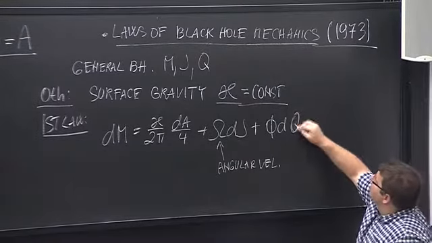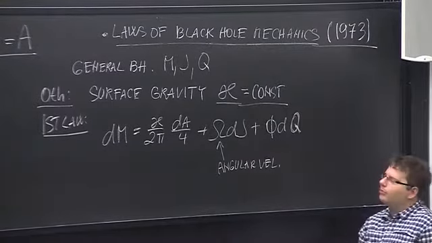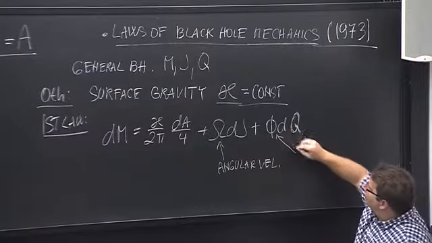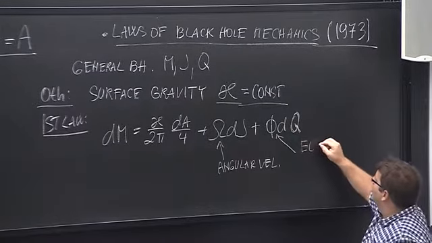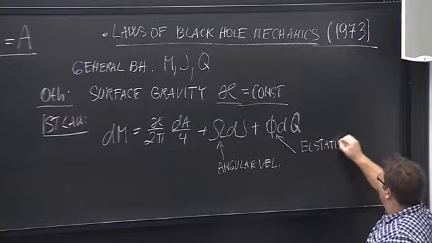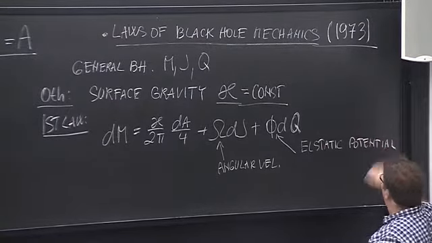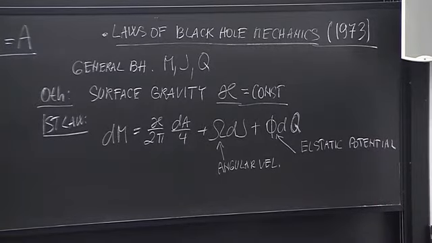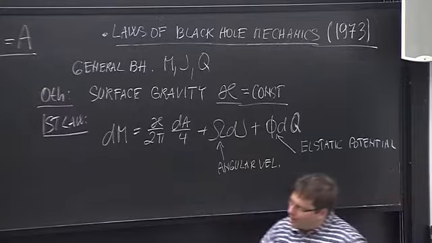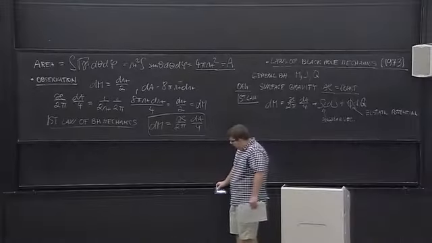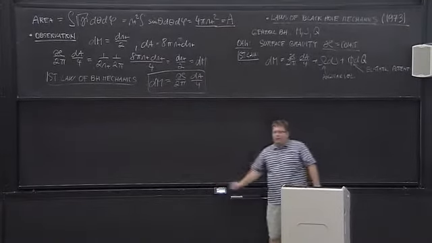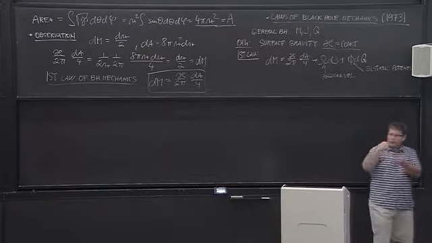And so dQ is the change of the charge of the black hole, and this is the electrostatic potential, again on the horizon. So your infinity can also rotate, and your horizon can also rotate.